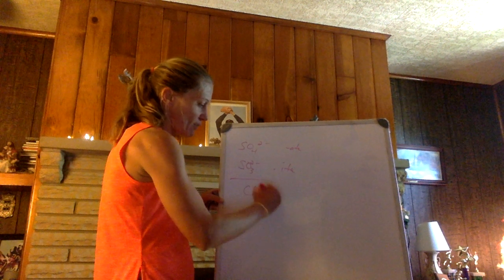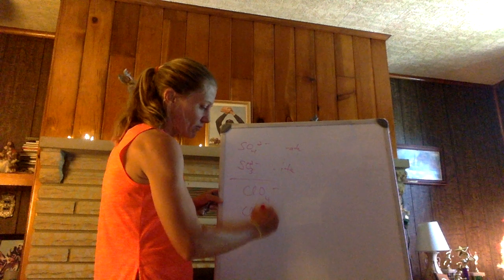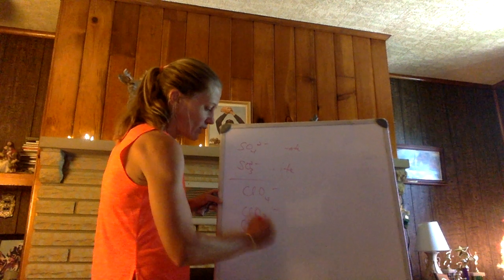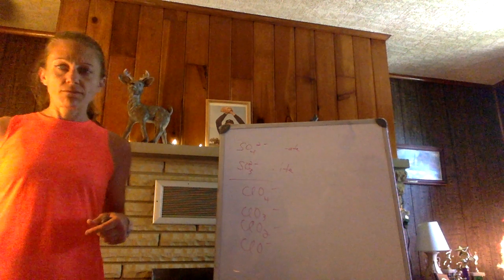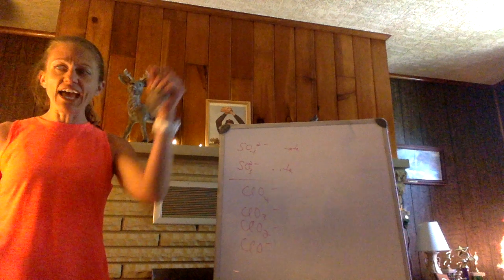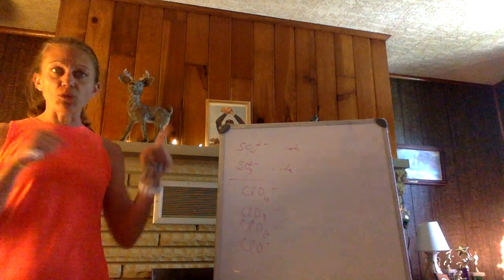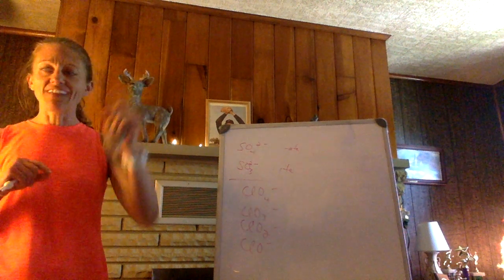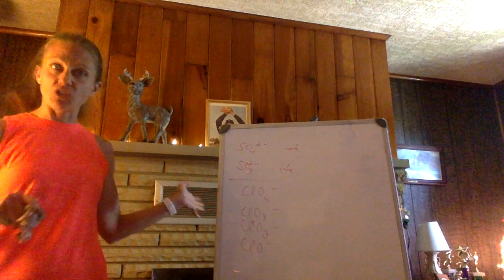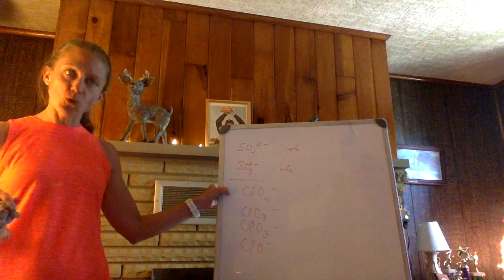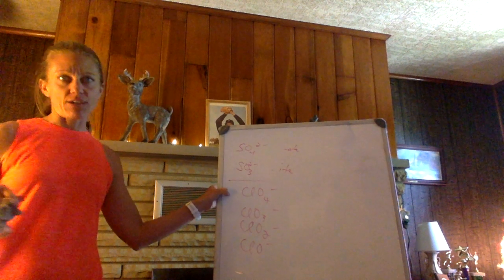You can do ClO4, ClO3, ClO2, and ClO. All chlorine with some number of oxygen, 4321. When I have 4, I use the prefix per and the ending ATE. For my highest number of oxygens, this would be perchlorate, the perchlorate ion.